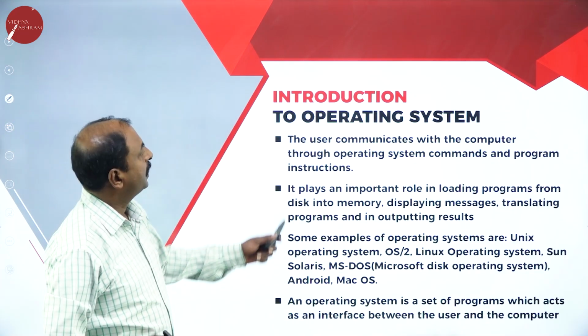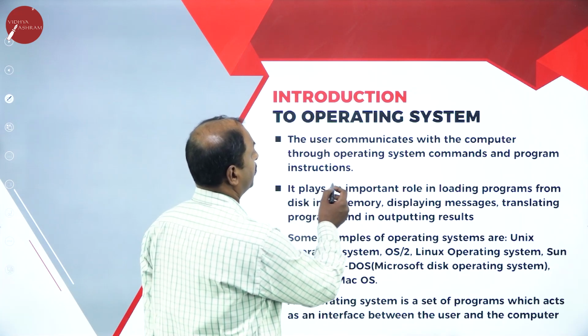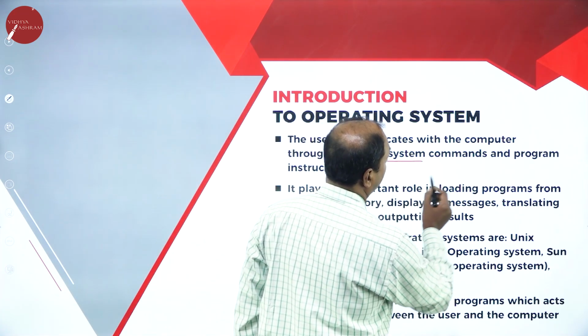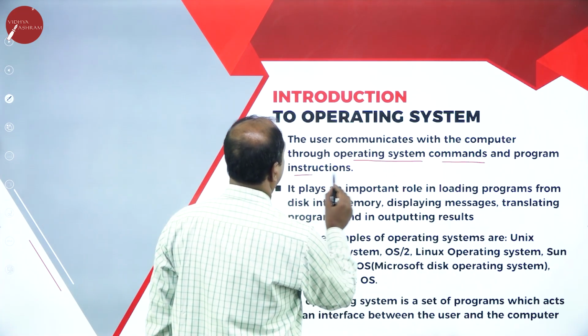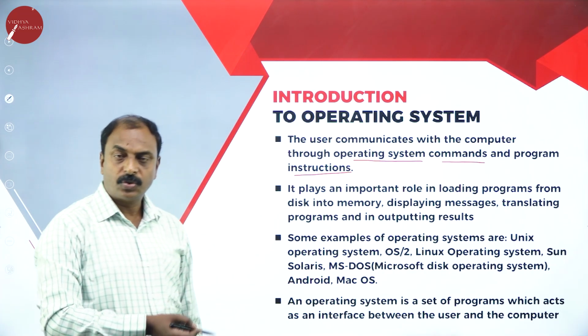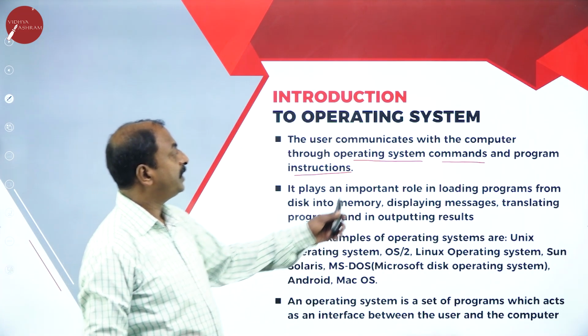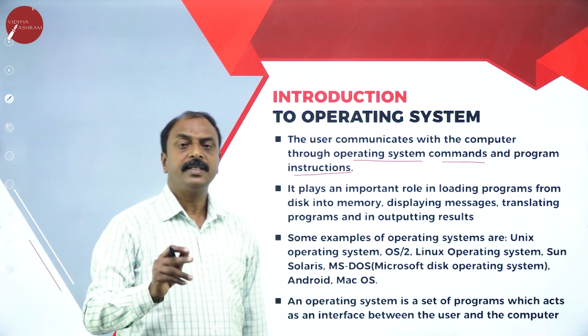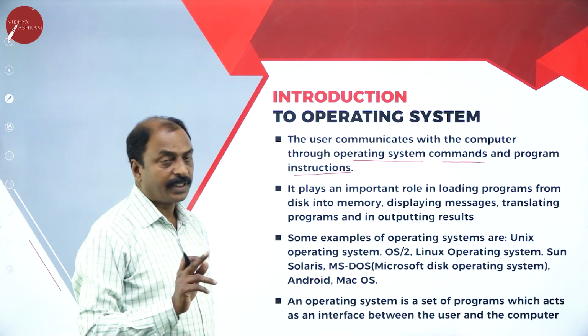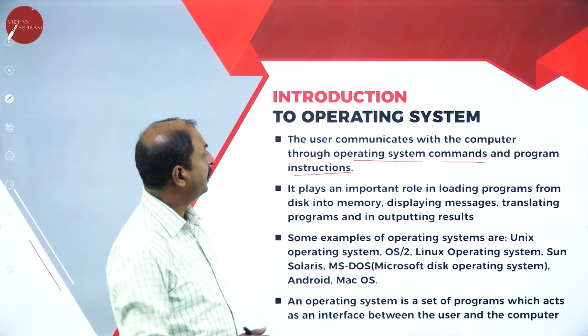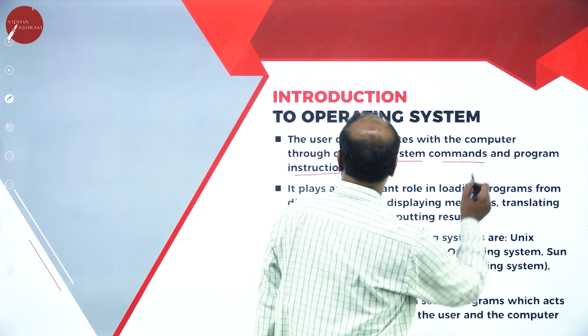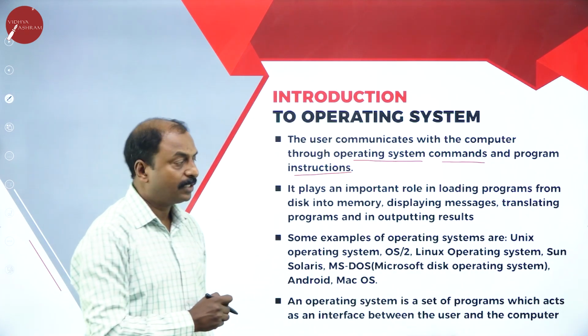Now let us see, the user communicates with the computer through the operating system, using commands and program instructions. As I have told you just now, it is an interface between the user and the computer, and the user communicates with the computer by using system commands and program instructions.